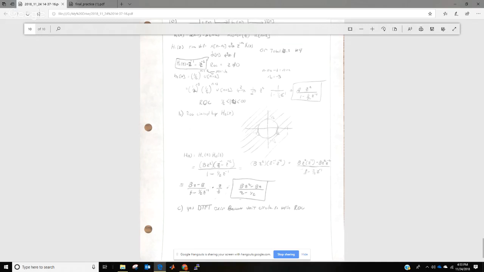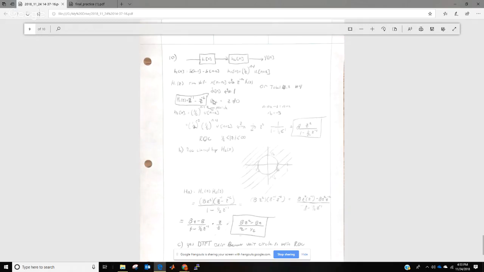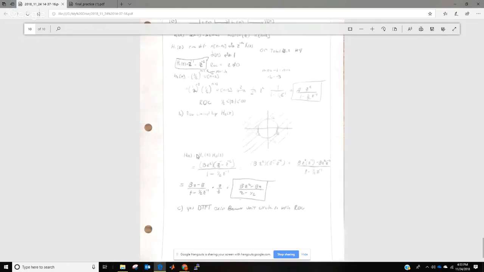Our pole-zero plot, our most conservative region of convergence, was H2, which is 1/2. Because we have that region of convergence for that one, that's the driving region of convergence for the overall function. So graphing that as a circle with a radius of 1/2, everything outside that circle is in the region of convergence, and everything inside that circle is not.